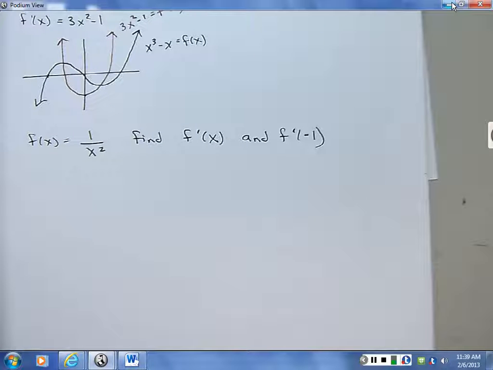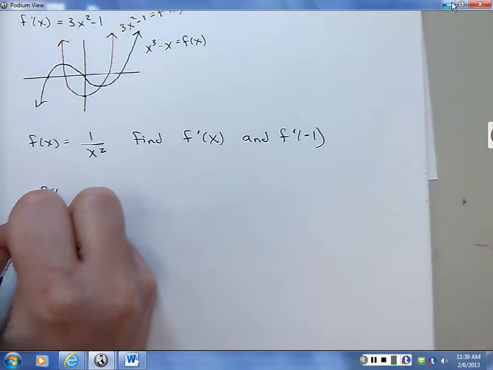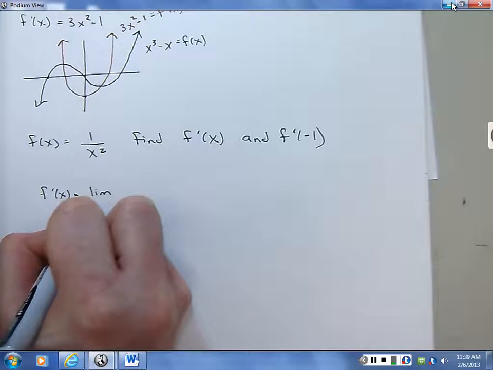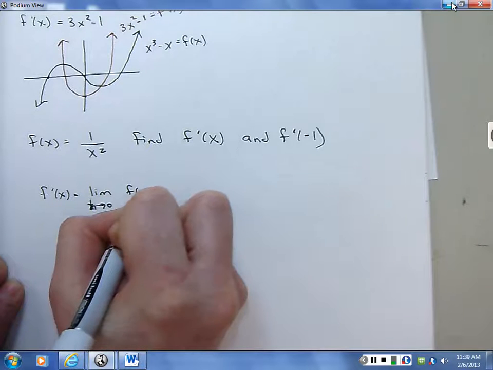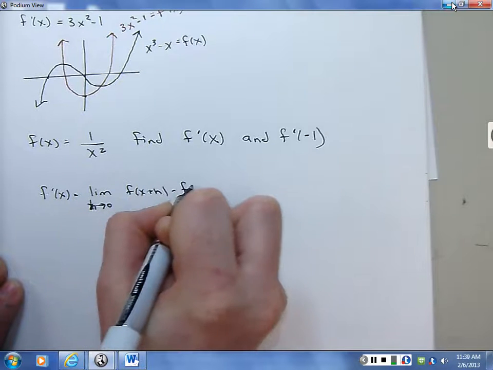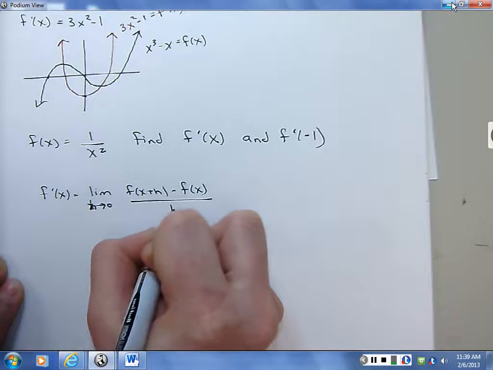You're going to have to deal with fractions and the difference quotient, but don't be intimidated by them. We know the definition of the derivative is the limit as h goes to 0 of f of x plus h minus f of x, over h.